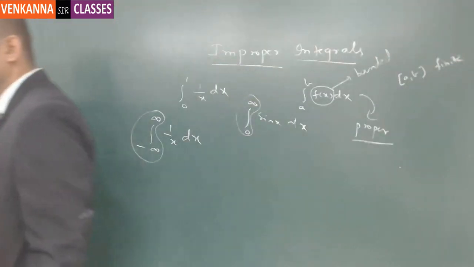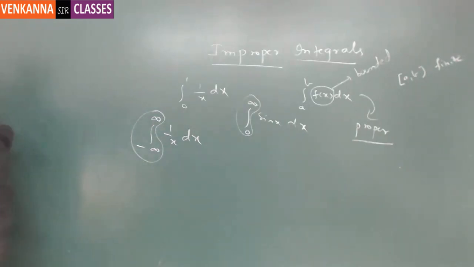So whenever f is a bounded function and the interval is finite, the integral from a to b of f of x dx, we call a proper integral. If one or both of these conditions are not satisfied, we call it an improper integral.